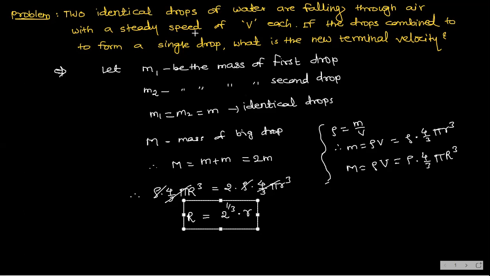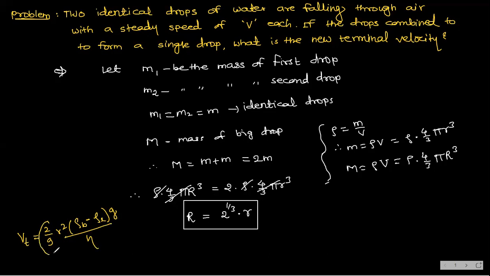Now we know the formula. Terminal velocity he is asking. So we have the formula of terminal velocity. What is that? Vt is equal to, yes, what is the terminal velocity formula? 2 by 9 into r square, density of bob minus density of liquid, into g divided by eta.